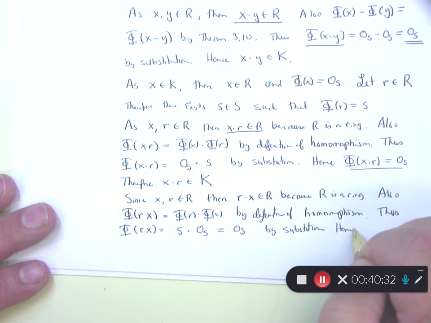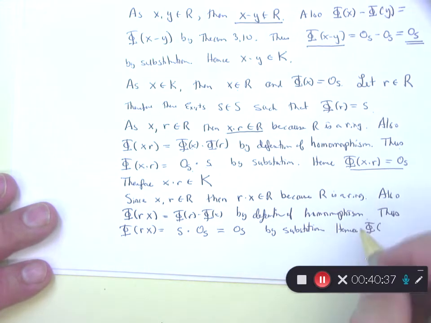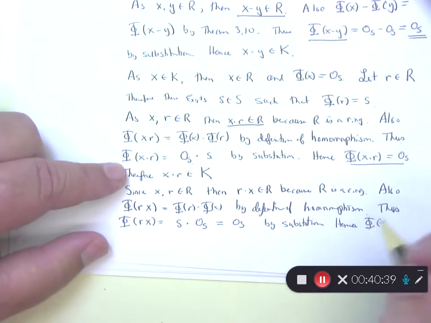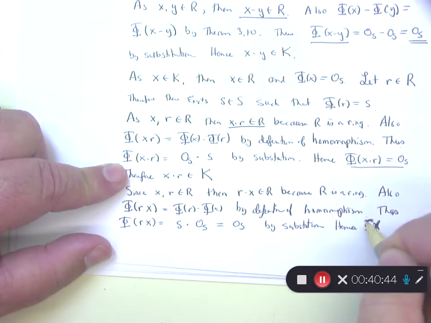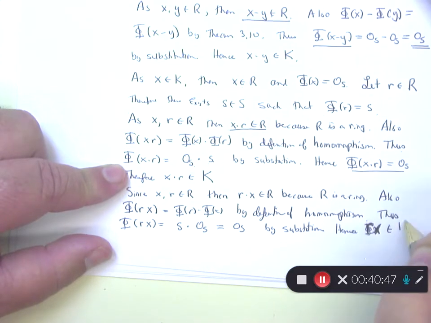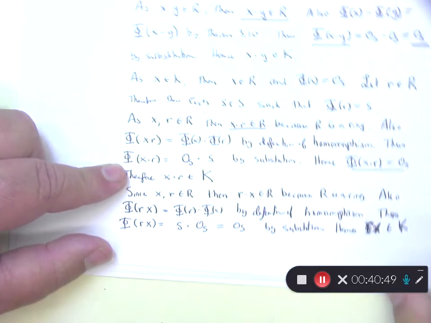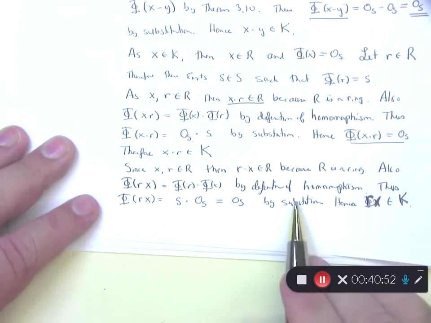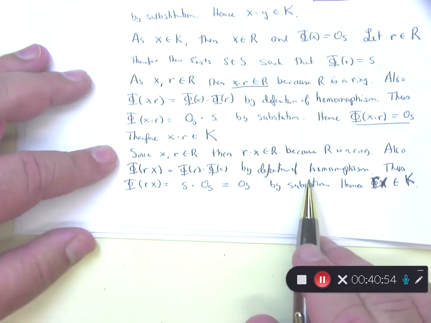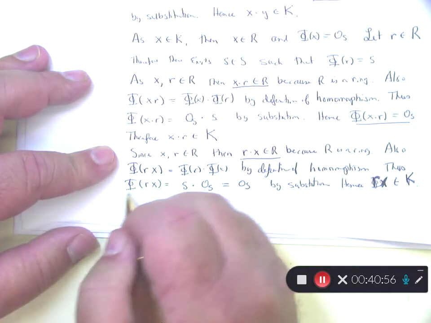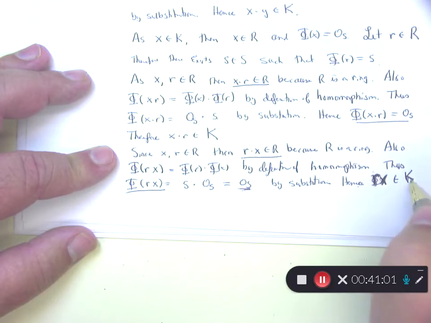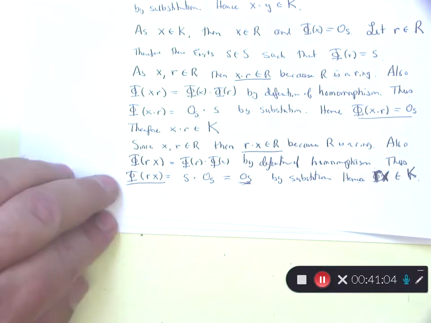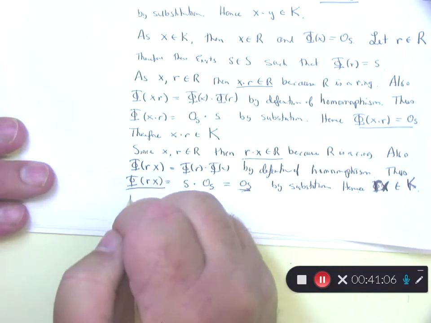Hence, r times x is an element of K. Again, I want to underline what the important parts are to be inside of K. r times x is an R, and phi of r times x equals 0 in S. Hence, r times x is an element of K. And then I got just enough room to put the famous concluding statement.